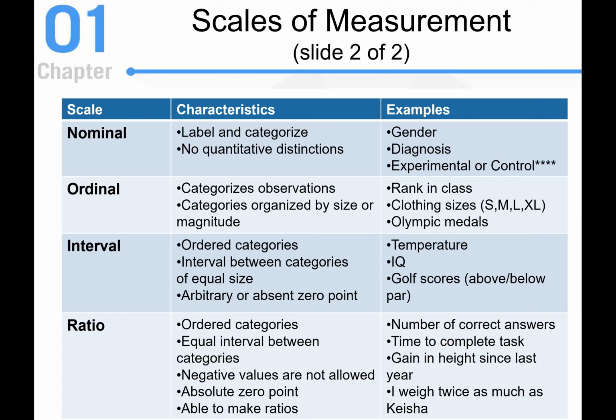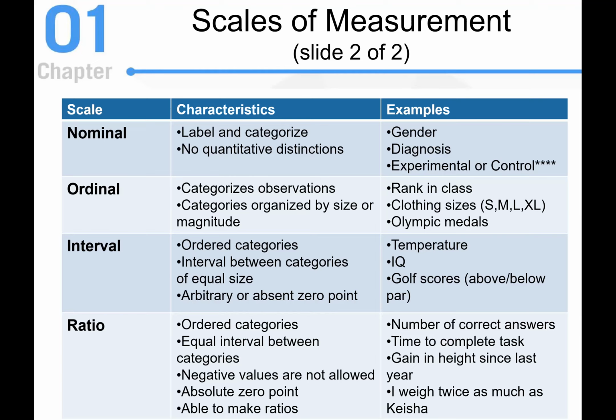You can be extra small, small, medium, large, extra large, extra extra large, extra extra extra large. Those are categories, and we can organize them by size or magnitude. We know that medium is bigger than small, extra large is bigger than large.